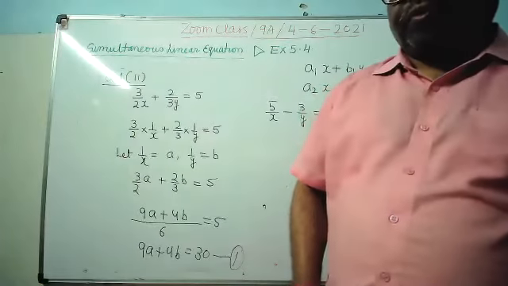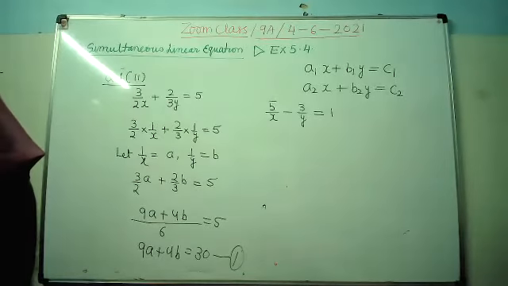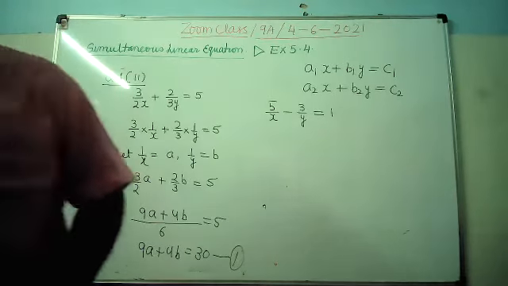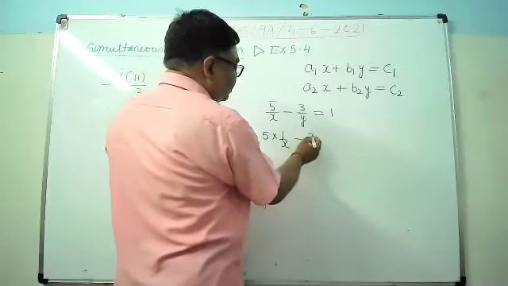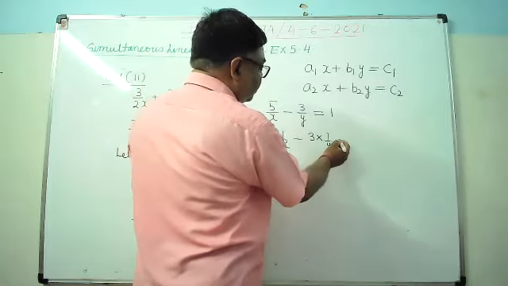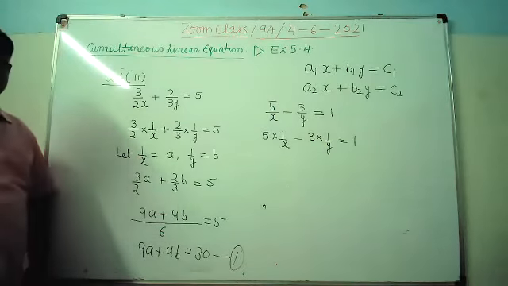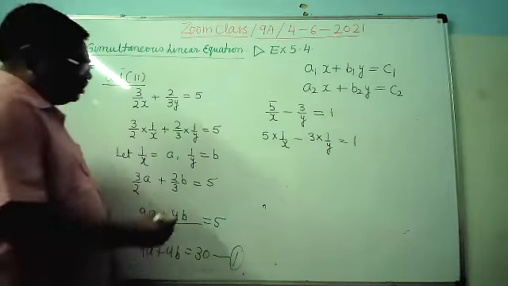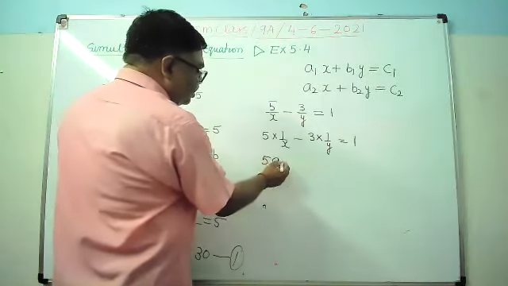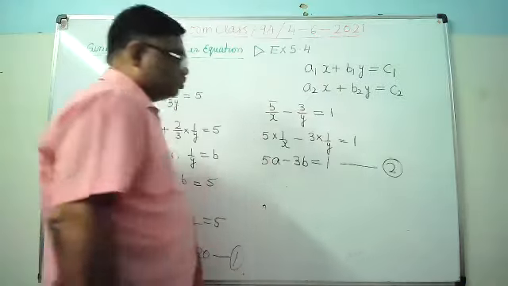So once again, 5 upon x can be written as 5 into 1 by x. 5 into 1 by x minus 3 into 1 by y equals 1. Already you have assumed 1 upon x equals a and 1 upon y equals b. So what will be that equation? 5a minus 3b equals 1. This is equation 2.